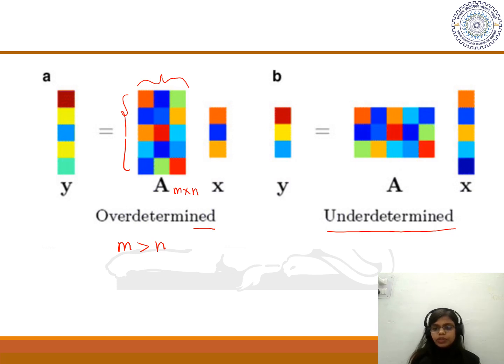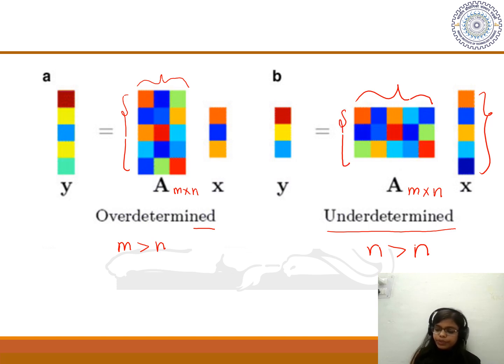And what about an underdetermined system of equations? Here, if A is an m cross n matrix, then n is greater than m. So basically here we have more variables, or more columns, than the number of equations, or the number of rows.